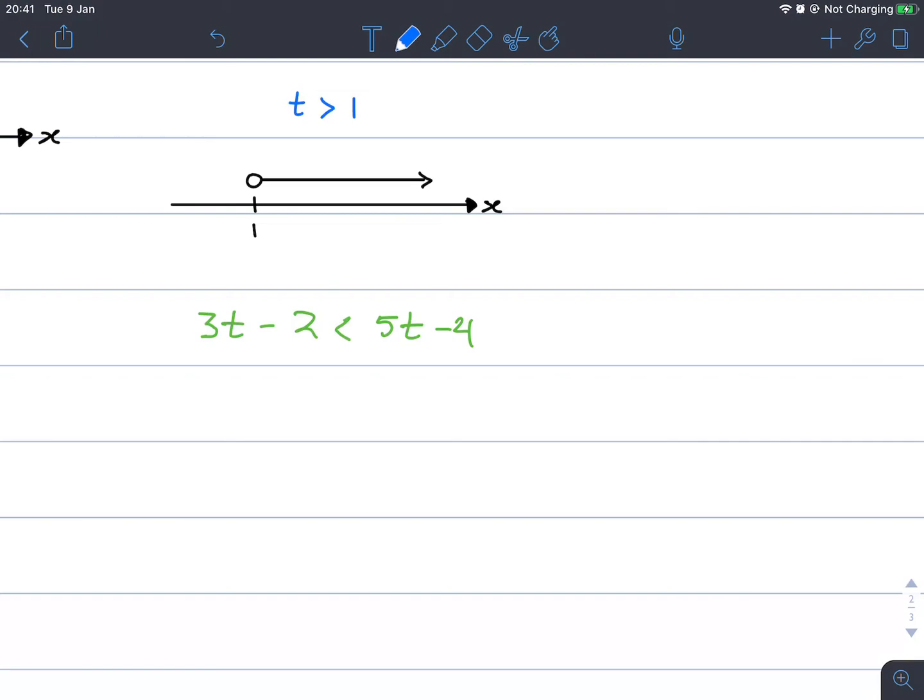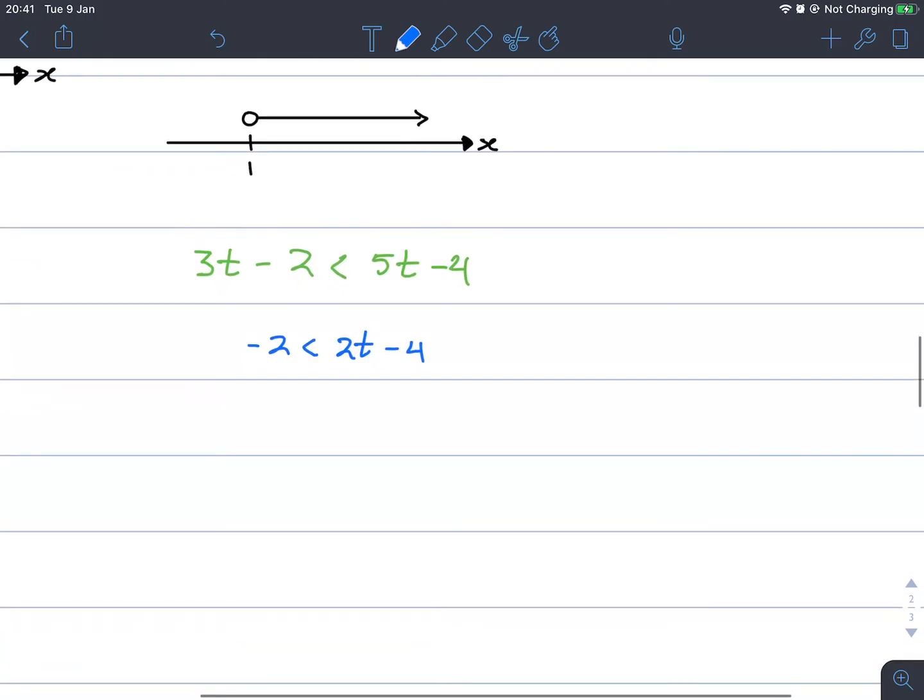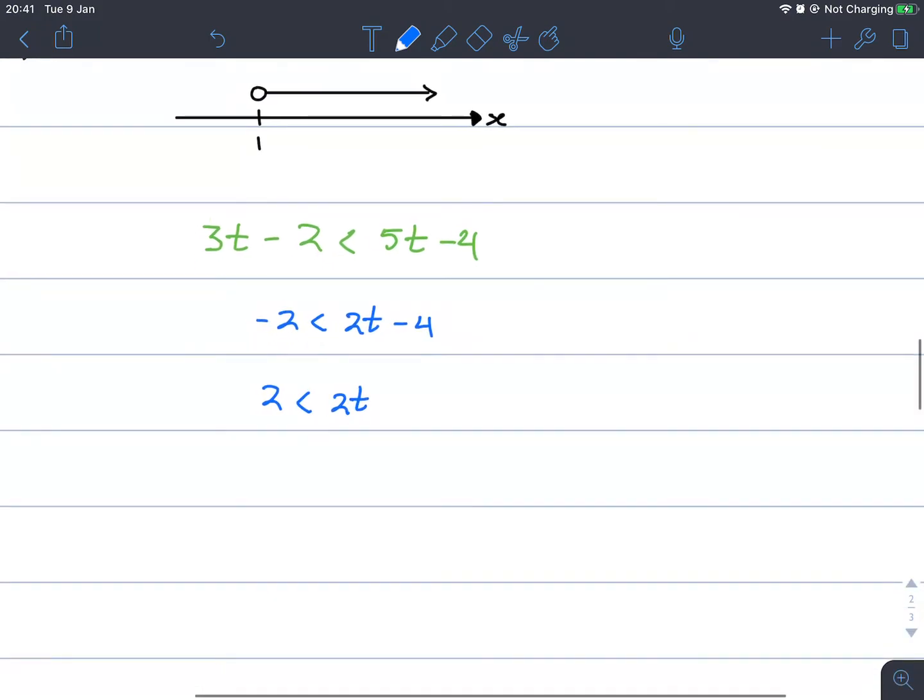So subtracting 3t on both sides, we get -t is less than 2t minus 4. Adding 4 to both sides, we get 2 is less than 2t. Dividing by 2, we get 1 is less than t.